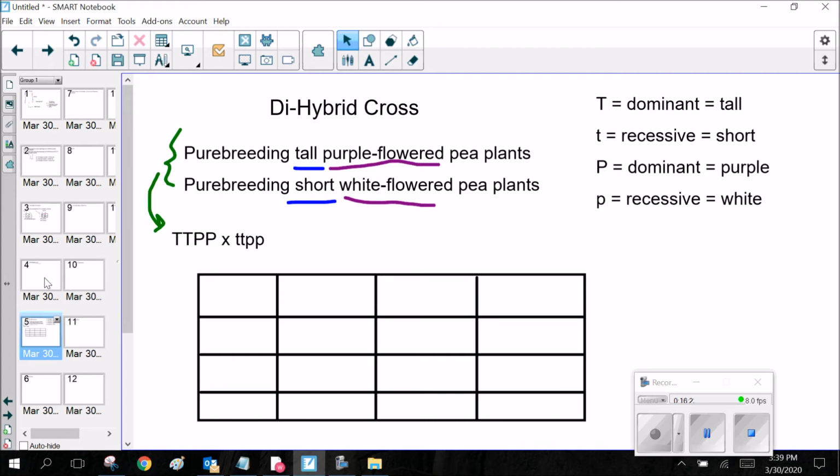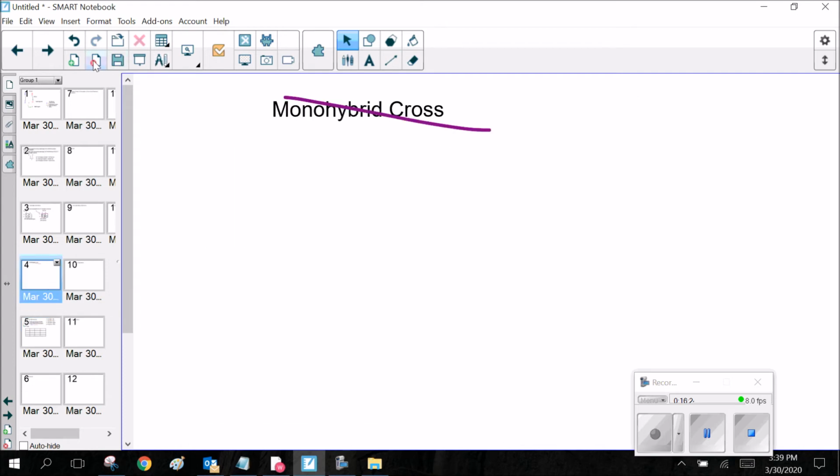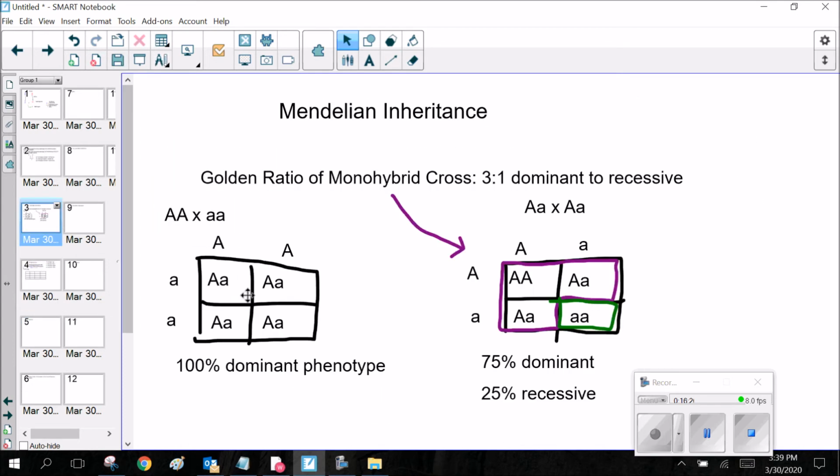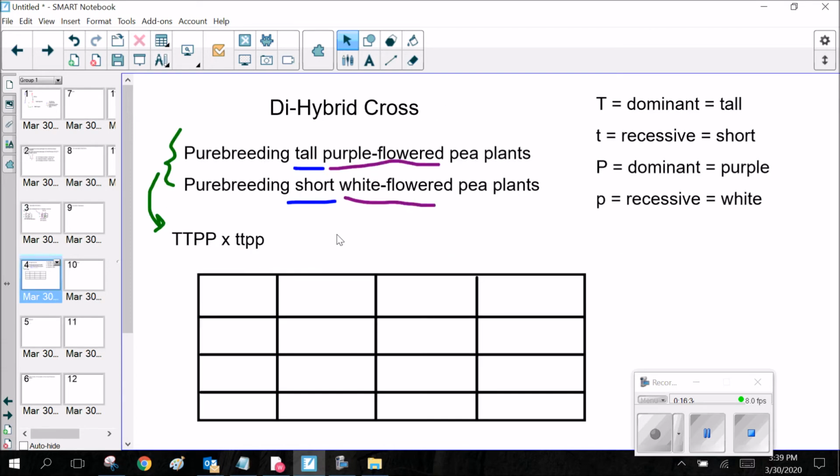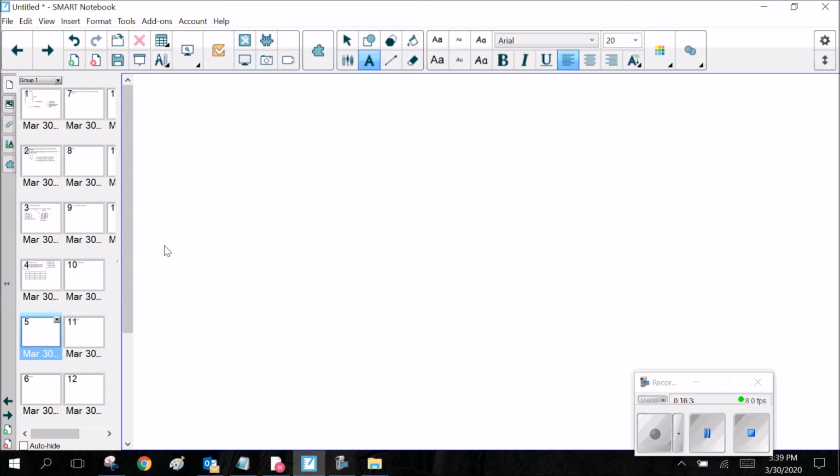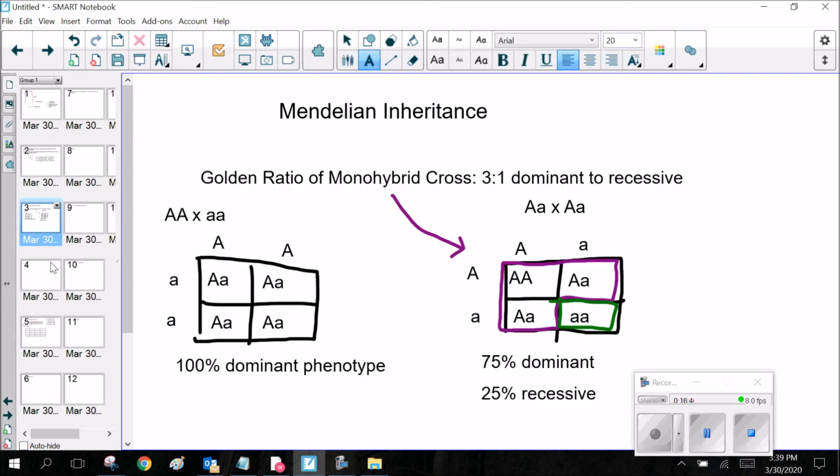Okay, and the other difference between the monohybrid and the dihybrid is that we have 1 letter per column and row here. Over here, we're going to have 2. And in order to explain this, I'm going to talk about one quick thing first.